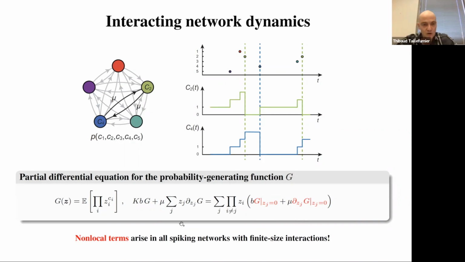And the non-locality of those terms has to do entirely with the fact that I'm a finite system for which I'm jumping or resetting by a finite amount, not something that goes to 0. And because there's this finite interaction, there's also a correlation structure that makes those boundary terms couple all the variables. So it becomes also highly dimensional. Okay. So even for a model like this, it's hopeless to solve it, in the sense of having the parametric dependence of the solution over mu, for instance.